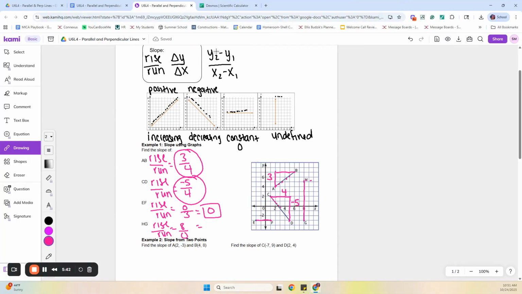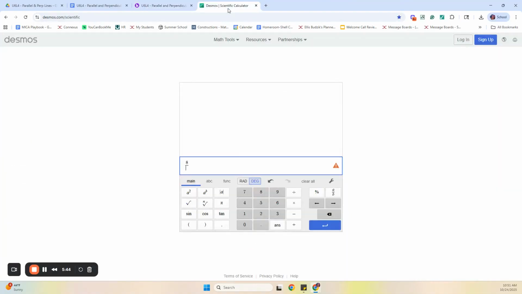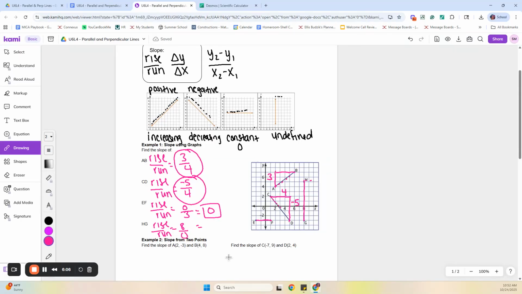If I'm entering 8 divided by 0, it's actually going to tell you it's undefined. If you're using a physical calculator, a lot of times they'll give you an error message, and that error message also means undefined. Where before, if I try 0 divided by 3, it does give me 0. But anytime you're dividing by 0 on the bottom, that's going to be undefined. We can't divide by 0. So that's going to be my answer.